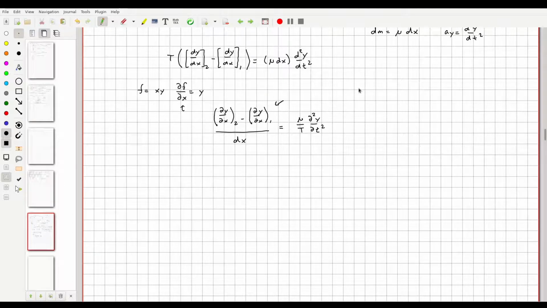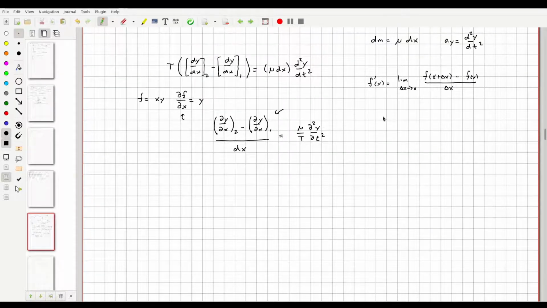If you remember the definition of the derivative, when you take the derivative of something, you take the limit as delta x approaches 0 of f of x plus delta x minus f of x divided by delta x.